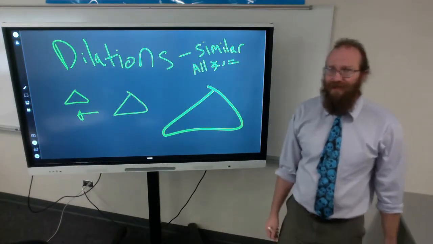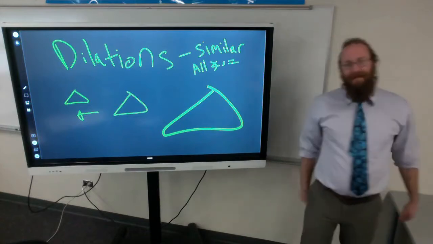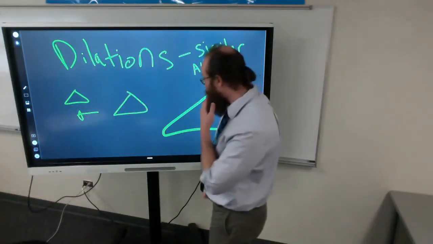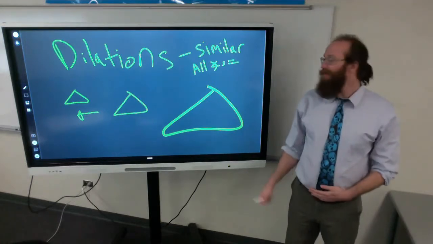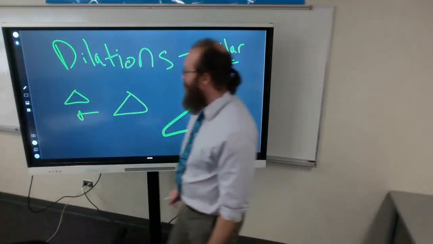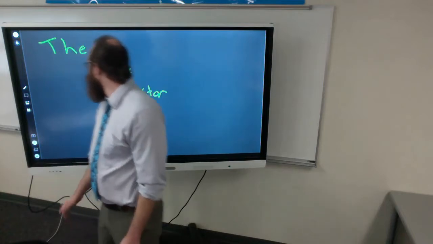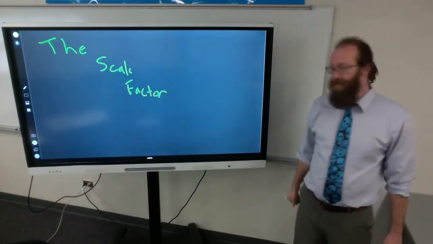So that's what changes in a dilation, is the overall size. Think of it as zooming in or zooming out. So yeah, dilations, different sizes of the same object. They will create similar objects, right? Not congruent objects.